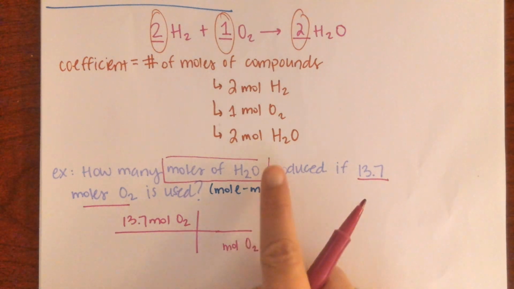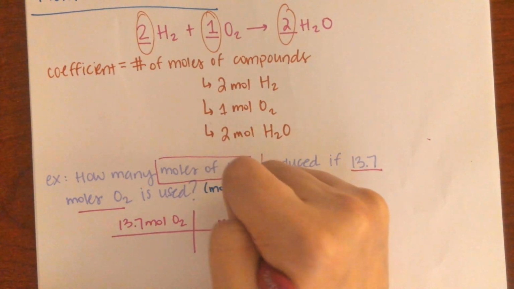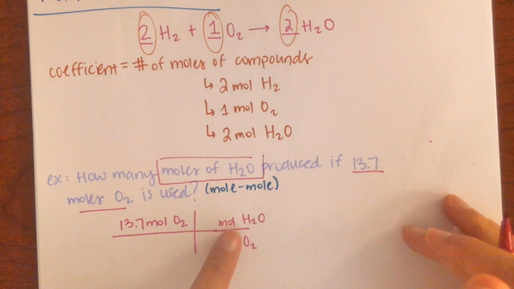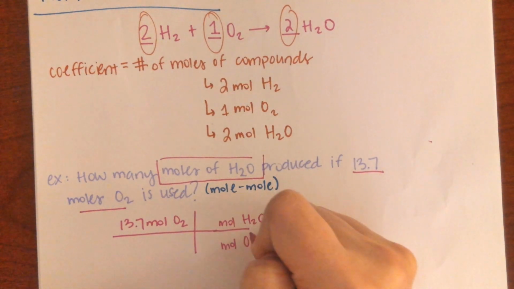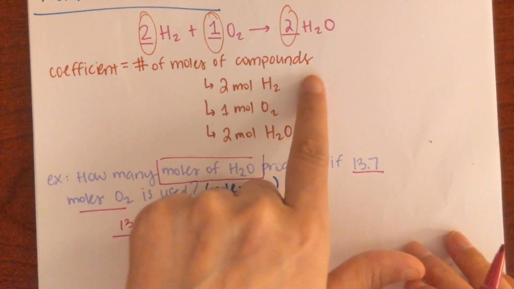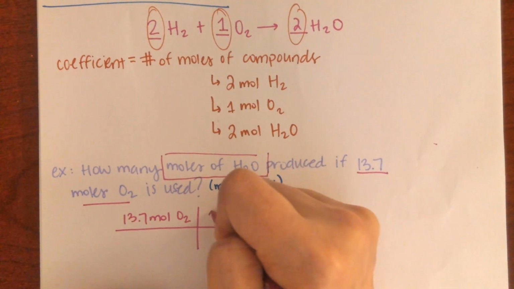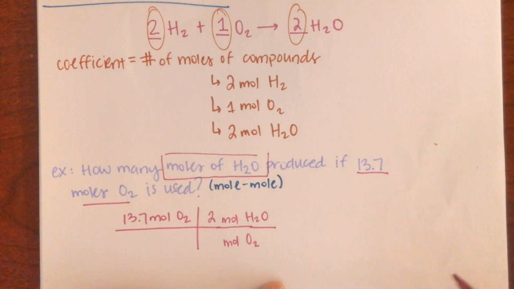Alright, and since I'm looking for H2O, I'm going to do mole H2O on top. That's always our goal. Our goal always goes on top. Whenever we have mole to mole, that's when we look at our mole ratio. So according to the equation, I have 2 moles of H2O, and I have 1 mole of O2.